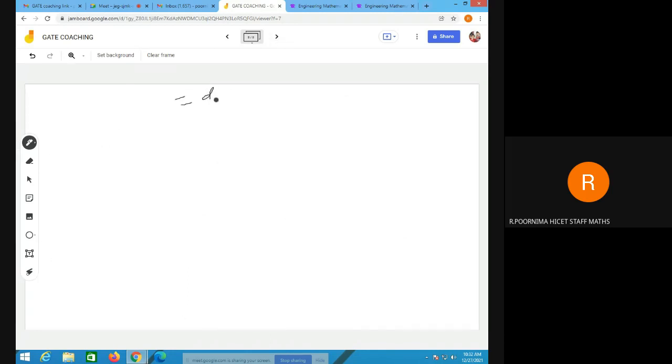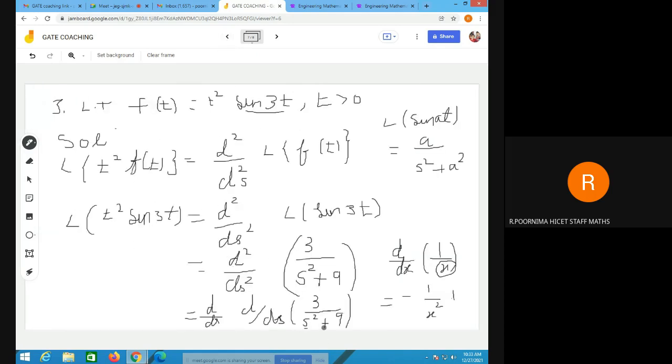I'm just writing the term: minus 3 by s square plus 9 the whole square, which is the first derivative we found, into the differentiation of the denominator s square plus 9 with respect to the variable s, that is 2s.